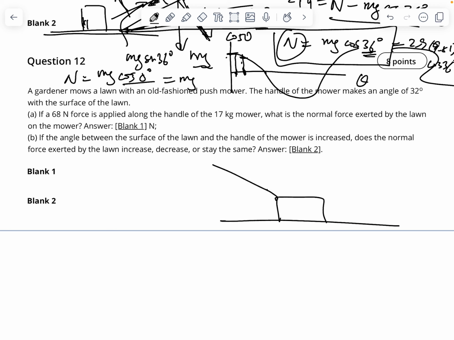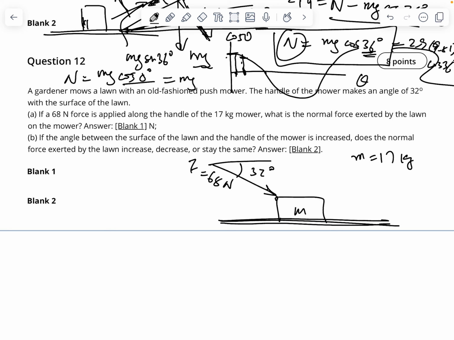Push, which means you apply force this way, and this is 32 degrees. If a force F of 68 newtons is applied along the handle, and the mower's mass is 17 kg, what is the normal force exerted by the lawn on the mower?